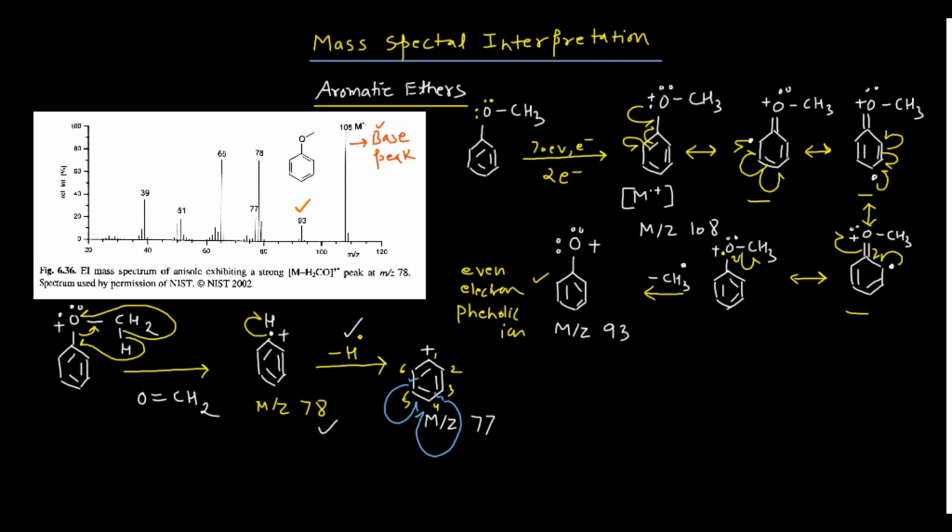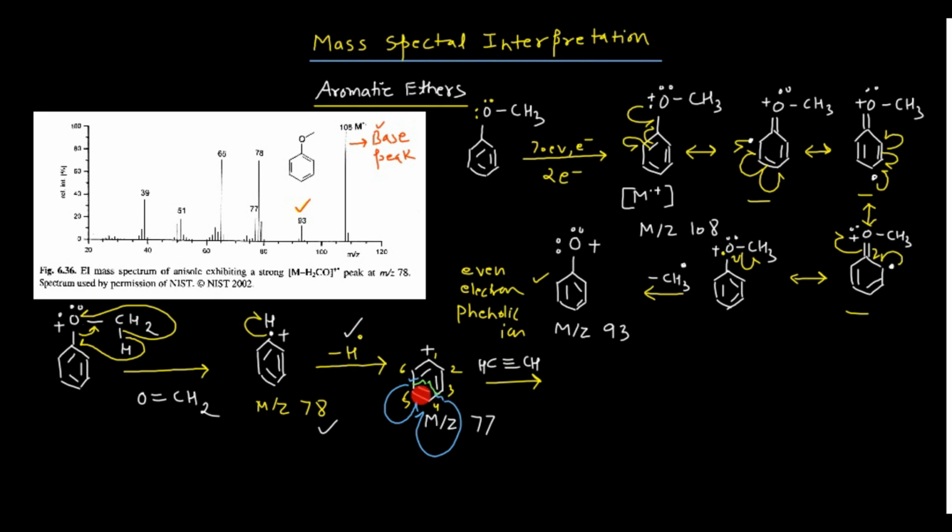Now what are you left with? One electron from this species and one electron from this bond. So what have you ultimately removed? Carbon triple bond, hydrogen and hydrogen.